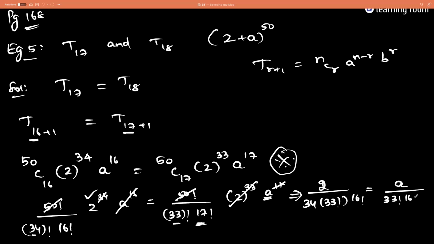I can write it as 17 into 16 factorial. 16 factorial and 16 factorial are gone. 33 factorial is also gone. So 17 cancels this 34 twice. So 2 and 2 will get cancelled. This will give you the value of a as 1.